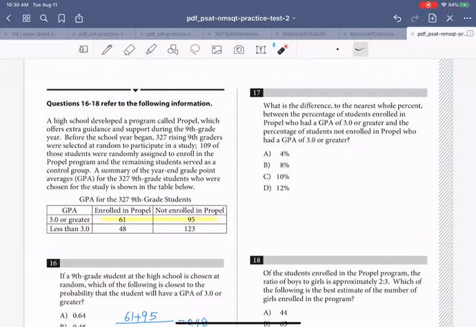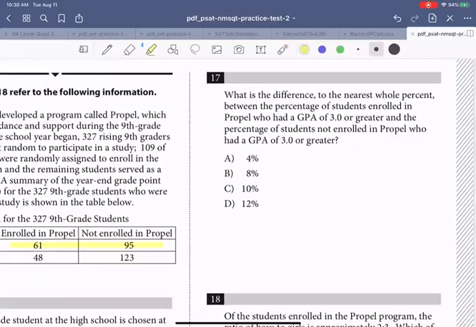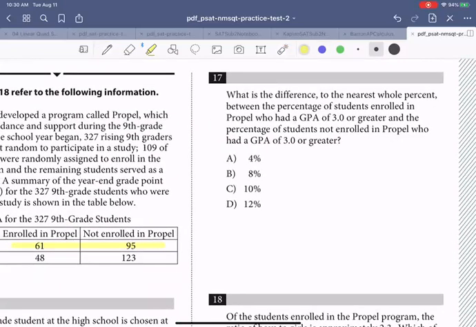And they ask you the difference, to the nearest whole percentage, between the percentage of students enrolled in this program and the percentage of students not enrolled in this program. This is the key point we want to focus on.